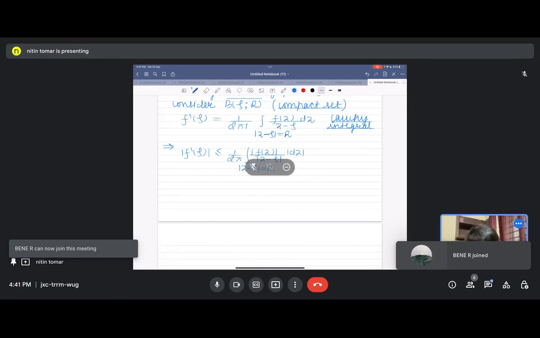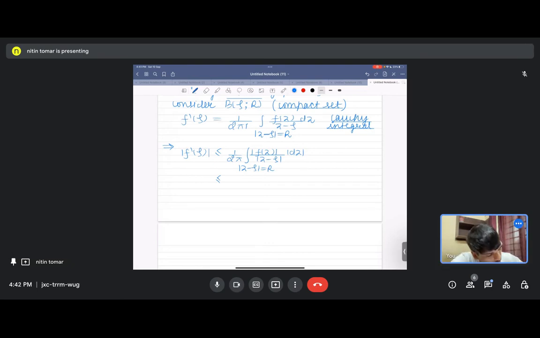Okay. So now we know that for this compact set, we have a constant M, right? So it will be M by 2 pi, then some 2 pi, I think it should be r. So it will be M by r, right?